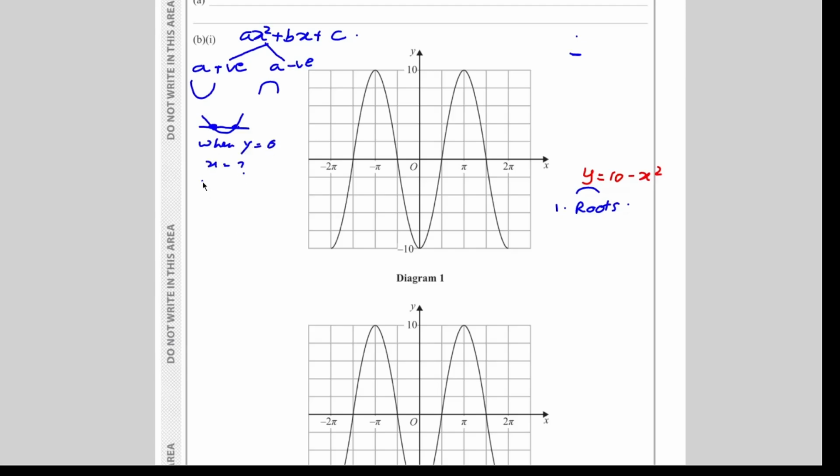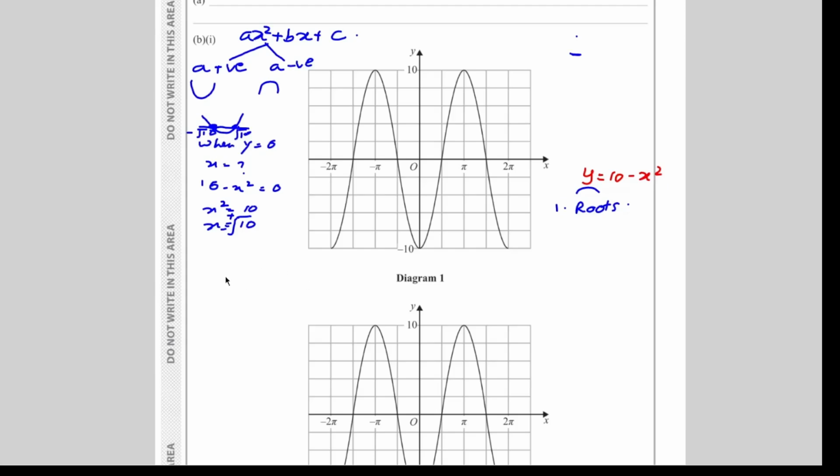Then 10 minus x squared equals 0, so x squared equals 10, then x equals plus or minus root 10. These are the positions where this curve cuts: minus root 10 and plus root 10.